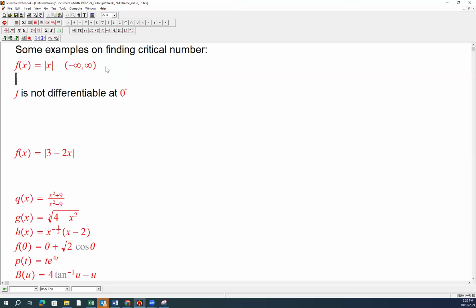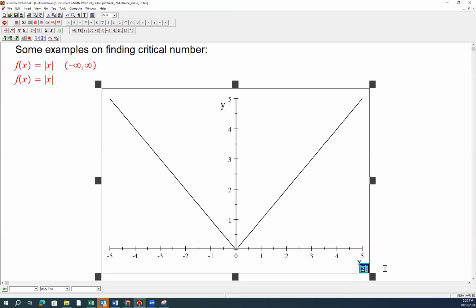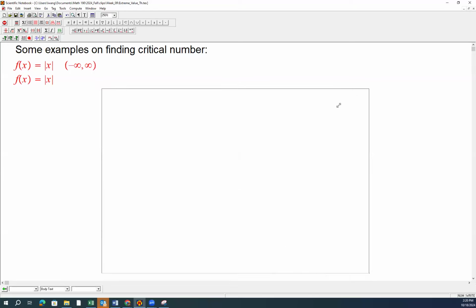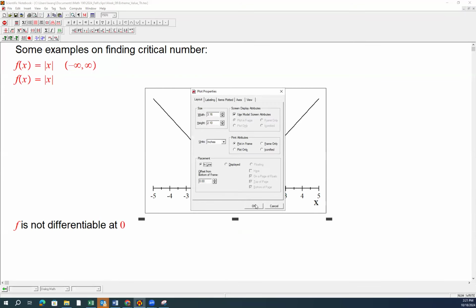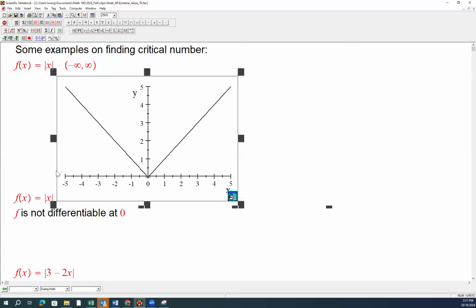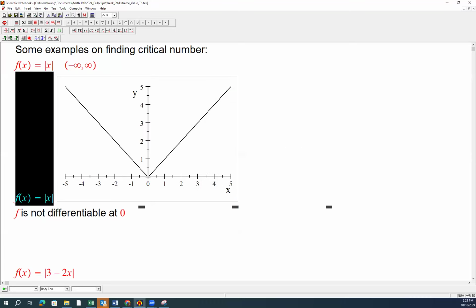Okay, so let's draw the picture. This is our familiar form, f of x equals the absolute value of x. We're all pretty familiar with this picture, which is a V shape. This is the function.